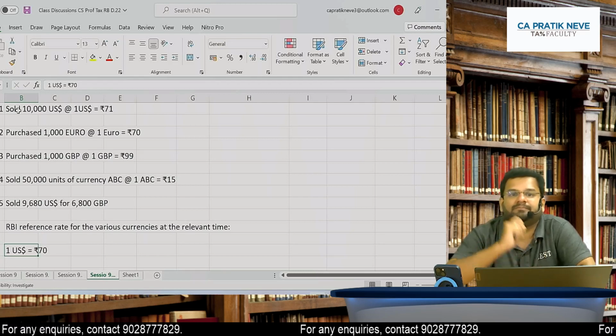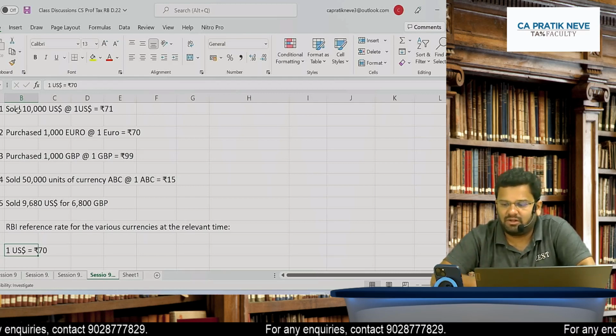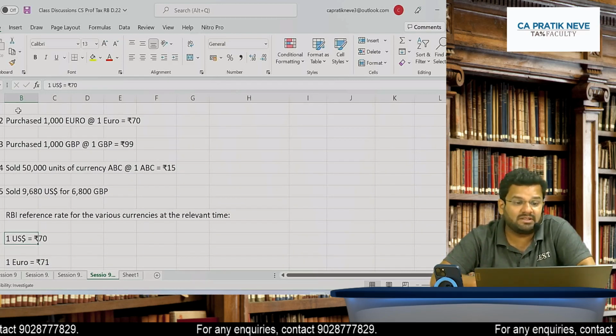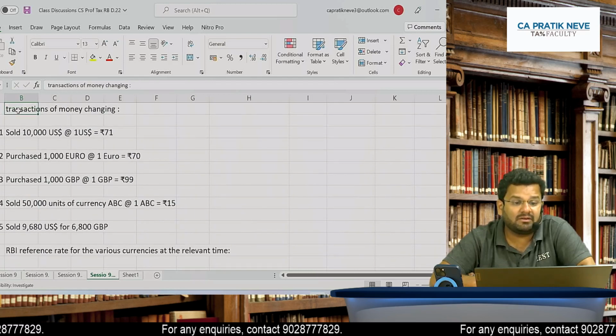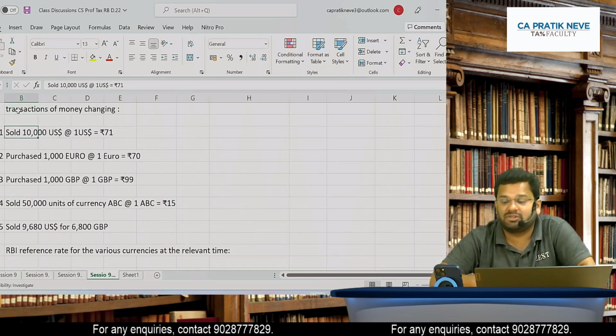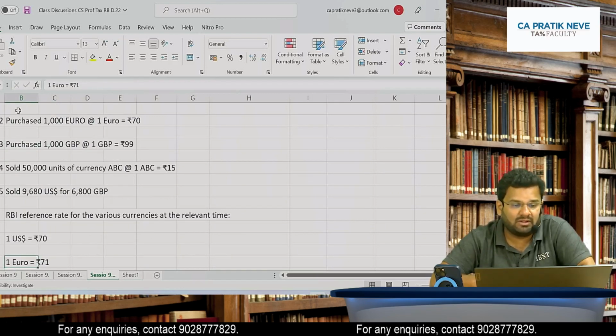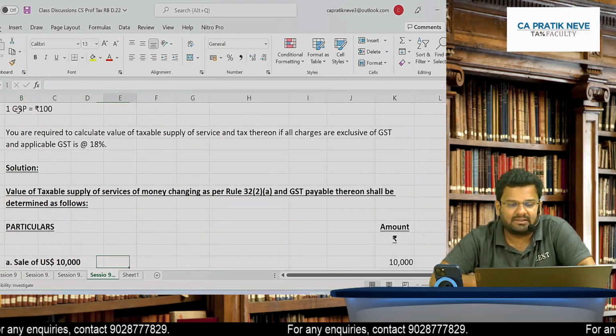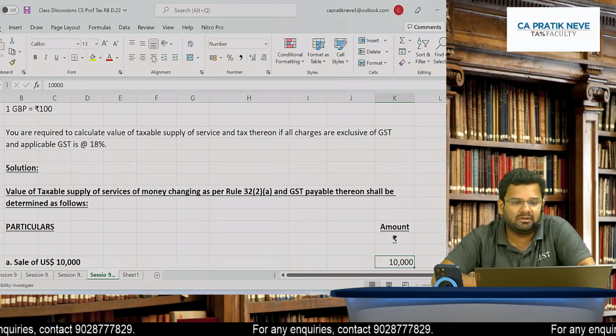Can you see? So 71 minus 70, 1 rupee per dollar is the profit. And how many units are exchanged? 10,000 US dollars are exchanged. So 1 into 10,000, that is 10,000. Did you understand? Answer for first one is 10,000. Agreed?